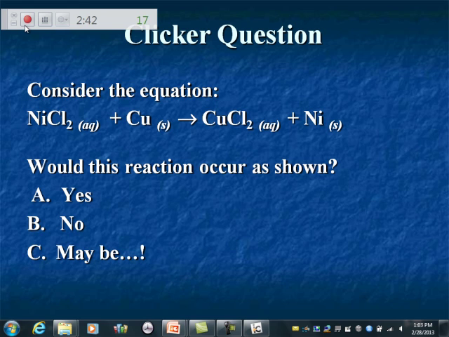Seeing it that way is different than just saying, will something displace something from solution. A free metal displacing a metal from solution, that is what a single displacement reaction is.